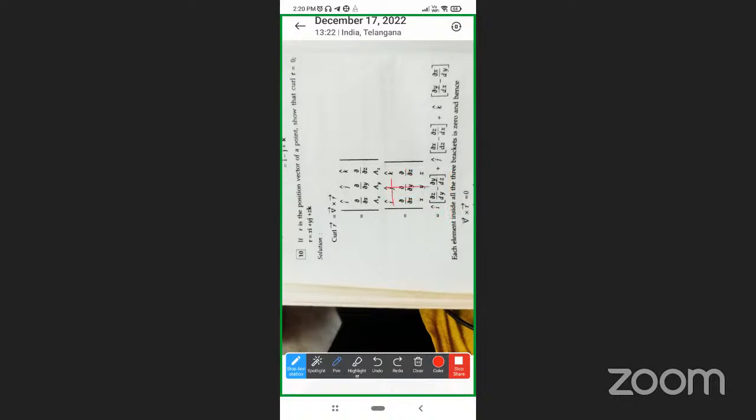And similarly, for the j term, j is closed. Then first of all, dou x by dou z, and again dou z by dou x, that is the minus term.